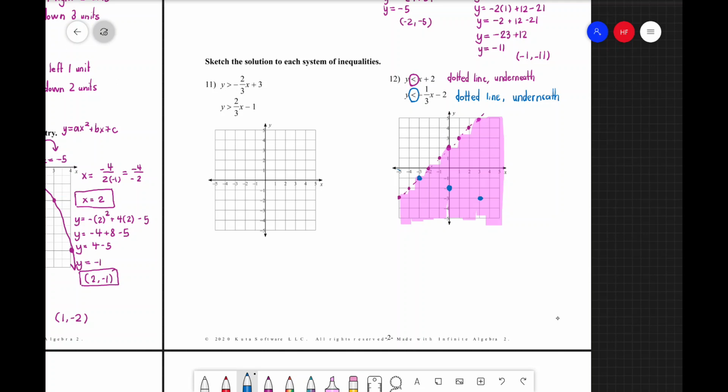So we have a dotted line here, and we're shading underneath that dotted line. So then our set of solutions is right there in that double shaded area. So that would be our solution set right here.